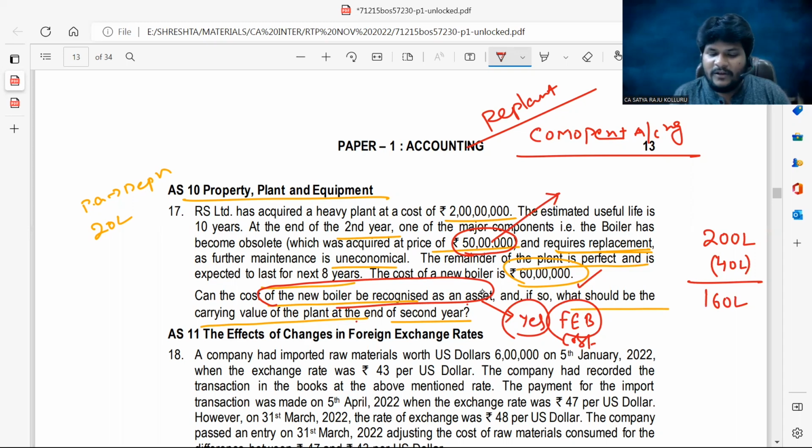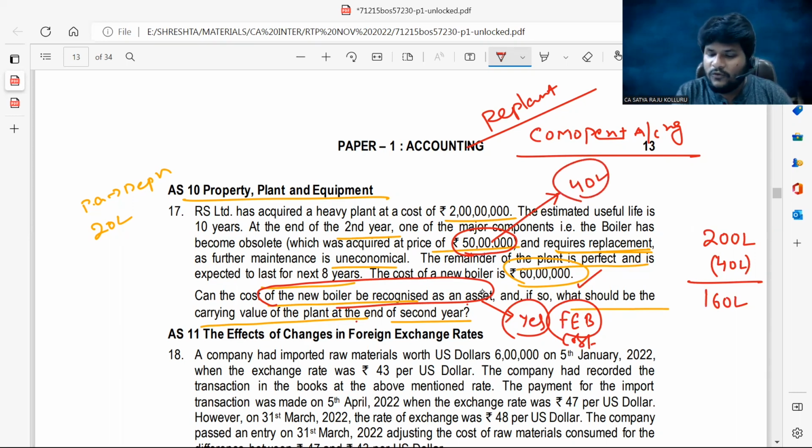Depreciation for 10 years: 50 lakhs divided by 10 years means, for that particular component I'm talking about, 5 lakhs per annum. Am I right? 5 lakhs per annum. For 2 years, that is 10 lakhs. Now 10 lakhs means the carrying amount at the end of the second year was 40 lakhs.